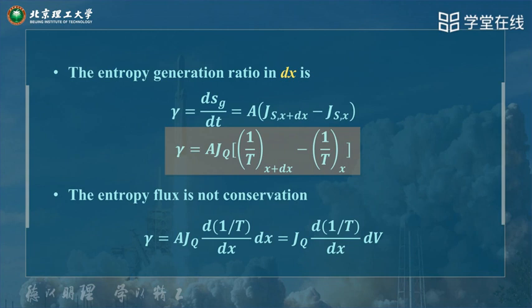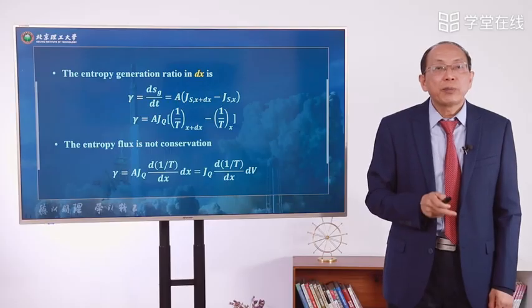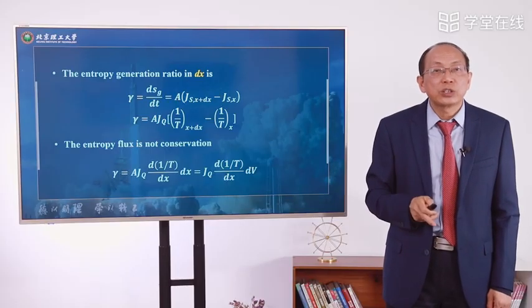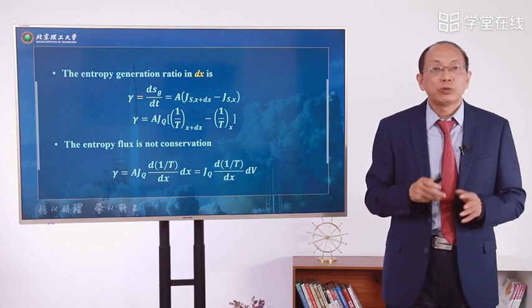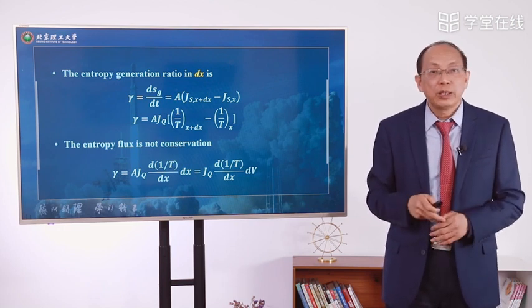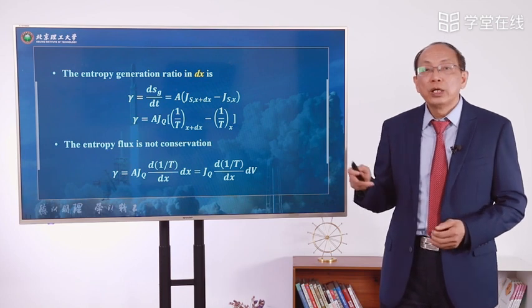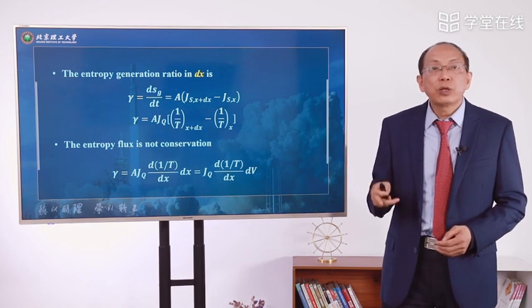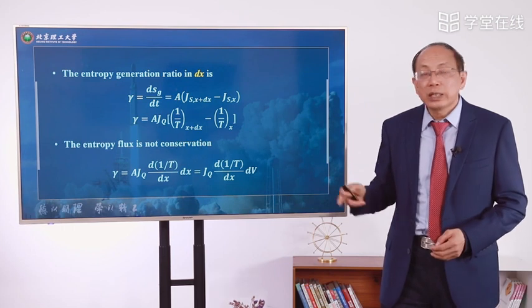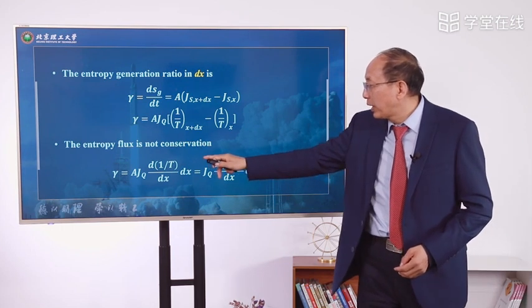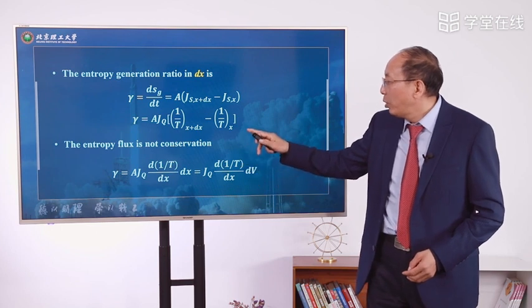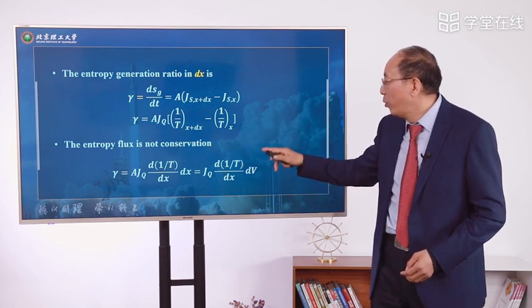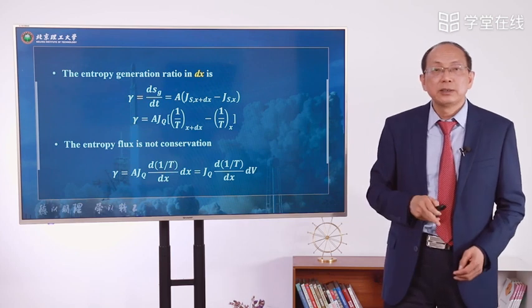Here is another point: entropy flux is not conserved, there is some change. So the entropy generation ratio gamma, finally we can calculate, is A Jq d(1 over T) over dx times dx.